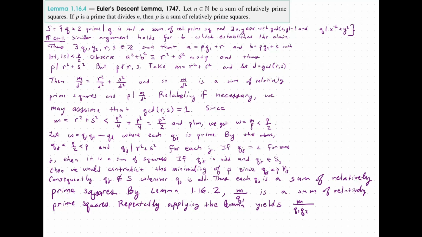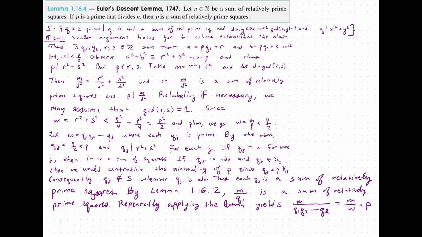And then we apply it to Q3 all the way until we get to QL. So in other words, we're looking at m over the product of Q1 through QL, which we define to be W, which is equal to, drumroll, P. Because we constructed W to be m over P. And so now we have that P is equal to m over W.